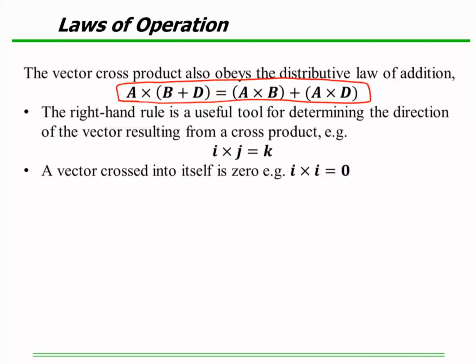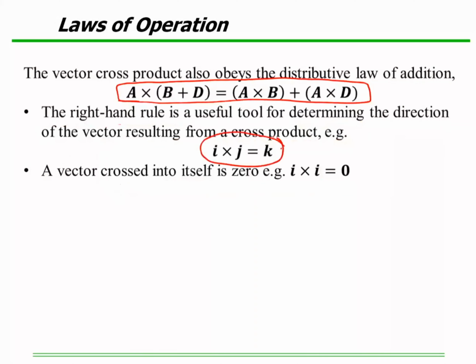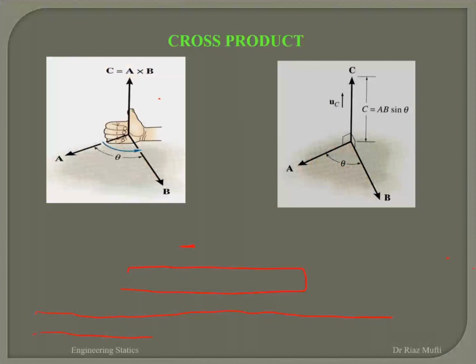So the right-hand rule is a useful tool for determining the direction of the vector resulting from the cross product. So a vector crossed into itself is 0. Okay, let us first look at this, what this means. I'm looking at this figure here.